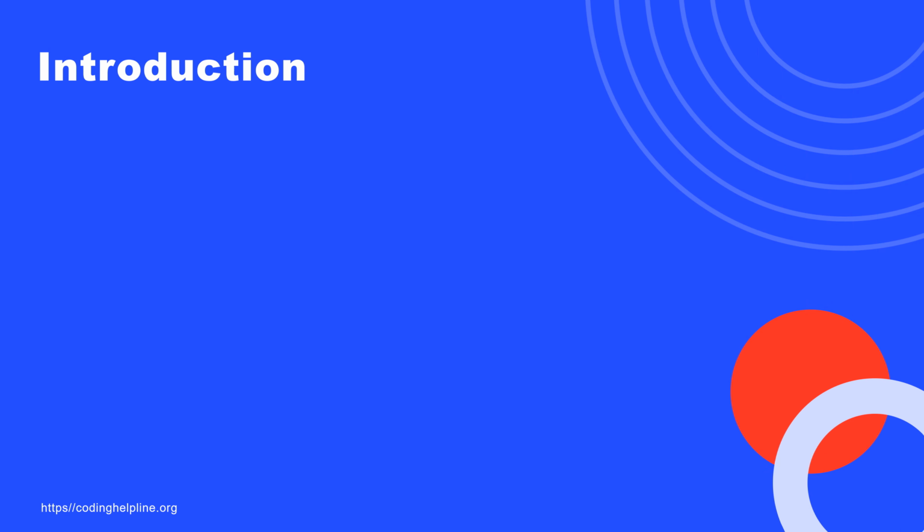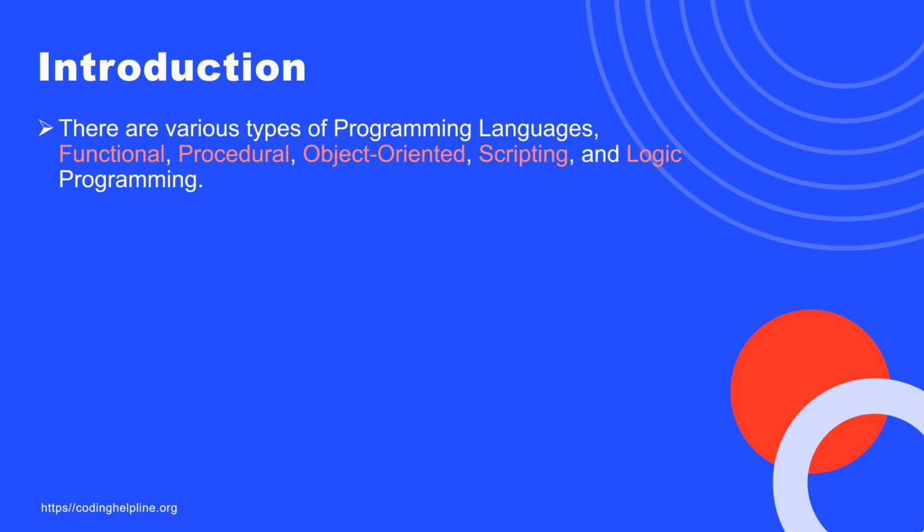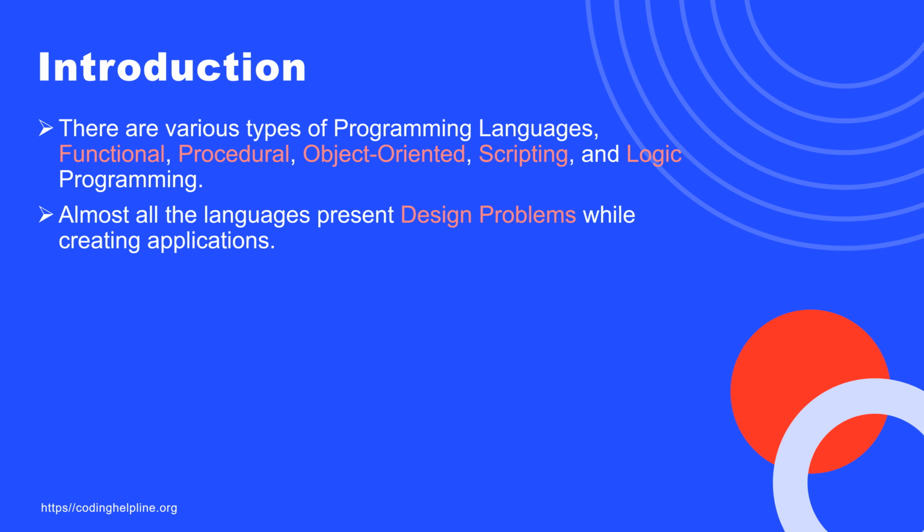Introduction of design patterns. There are various types of programming languages, for example, functional, procedural, object-oriented, scripting, and logic programming languages. Almost all these languages present design problems while creating applications, with no exception for object-oriented programming.